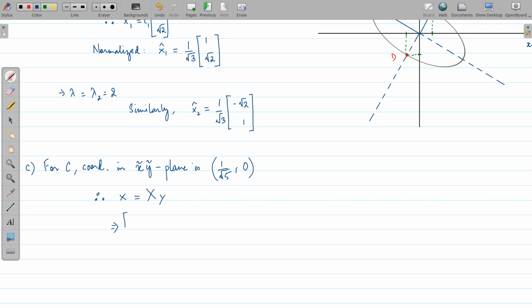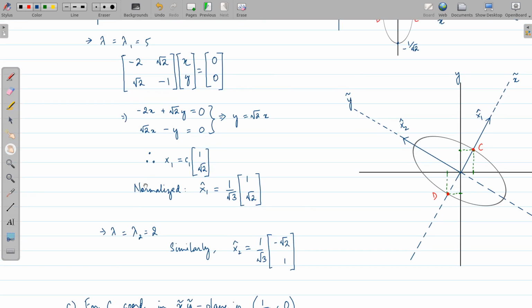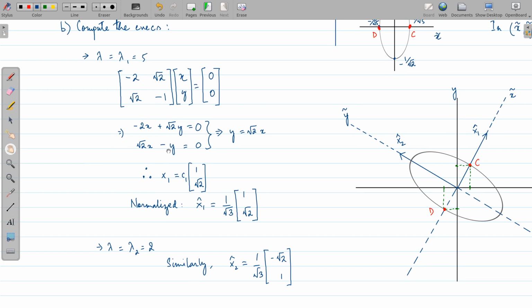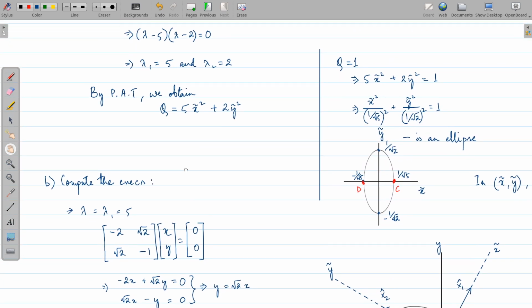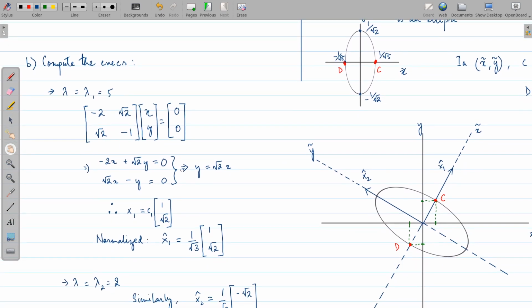So the corresponding coordinates that you are looking for are equal to capital X. And what is capital X? Capital X we can get from the normalized eigenvectors.